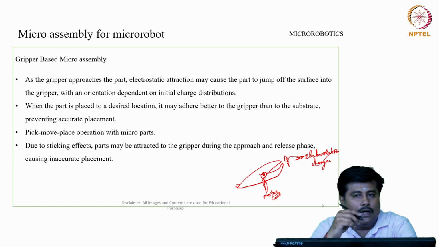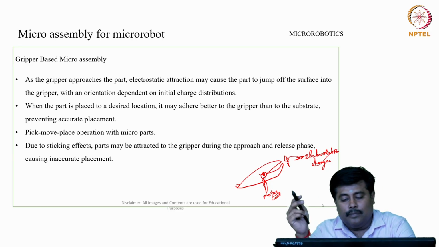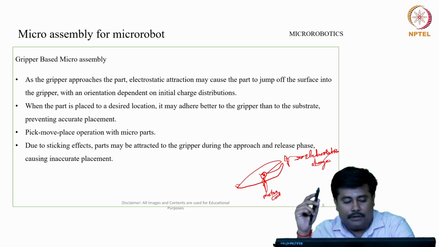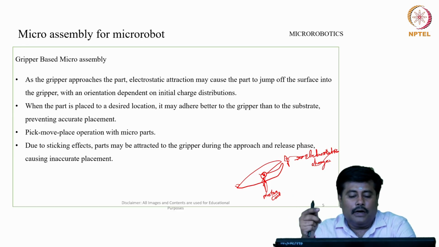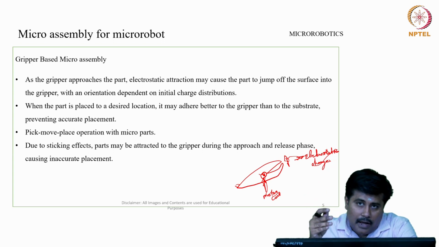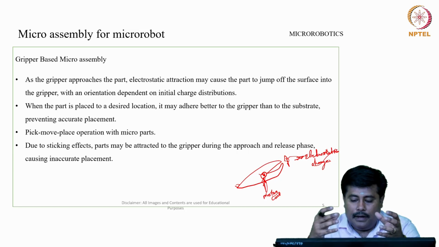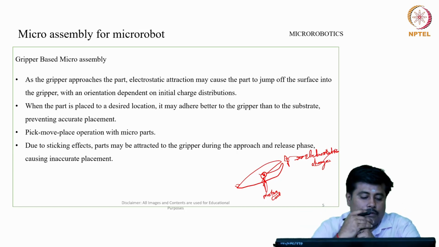So as far as gripper based microassembly is concerned, as the gripper approaches the part, the electrostatic attraction may cause the part to jump off the surface into the gripper with an orientation dependent on initial charge distribution. When the part is placed at a desired location, it may adhere to the gripper rather than to the substrate, preventing its accurate placement.